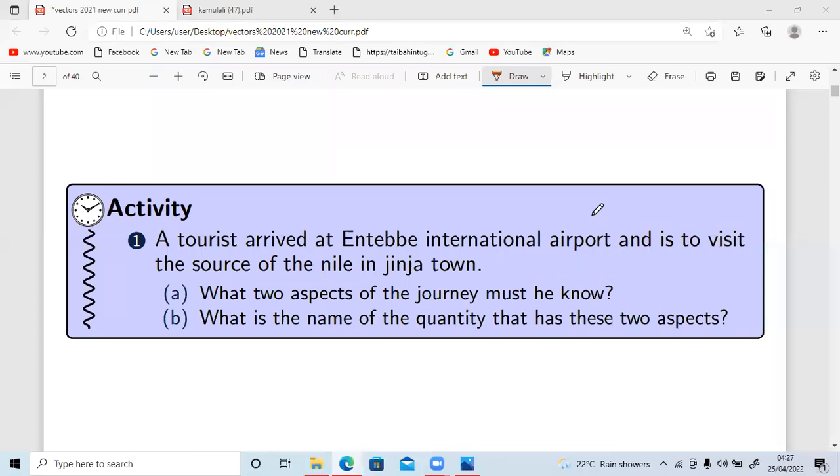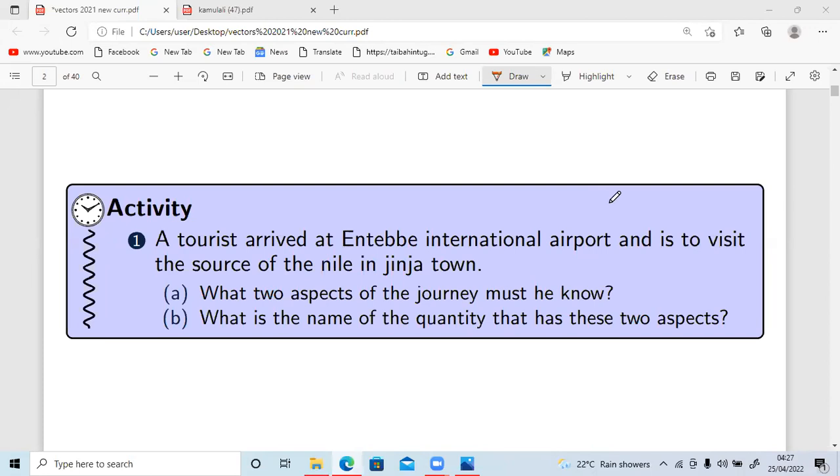The tourist needs to know how far Jinja is from Entebbe. Perfect. Good. Those are the two things that he must know: how far Jinja is from Entebbe and what direction he is to use.